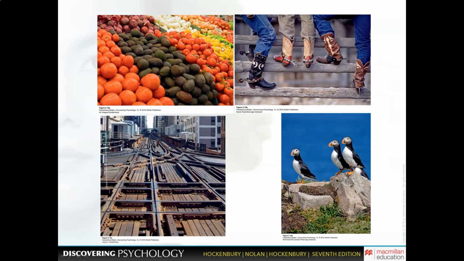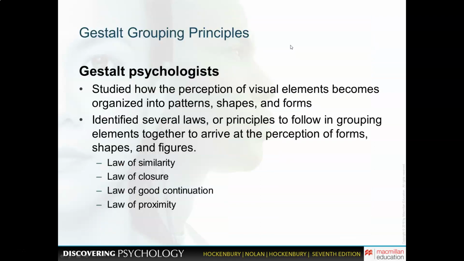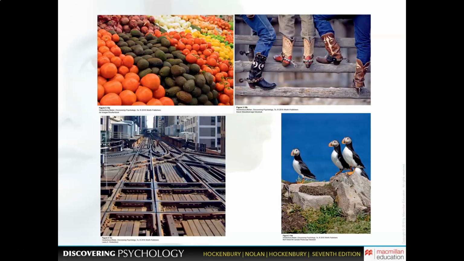But when we look at this, though, by continuation, we're able to just go ahead and assume that these people are on a fence here. And this fence is solid. This doesn't just end right where their legs are at. So that is actually called the law of closure. Okay. So we're actually closing in with our perception where the missing parts are on the fence. Okay.